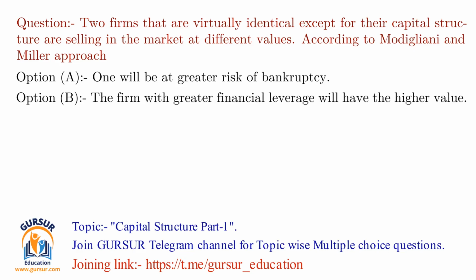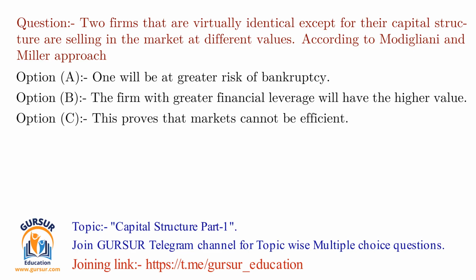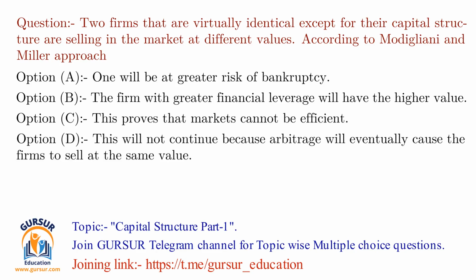Option B, the firm with the greater financial leverage will have the higher value. Option C, this proves that markets cannot be efficient. And option D, this will not continue because arbitrage will eventually cause the firms to sell at the same value. And your time starts now.